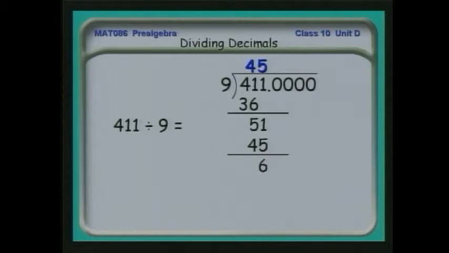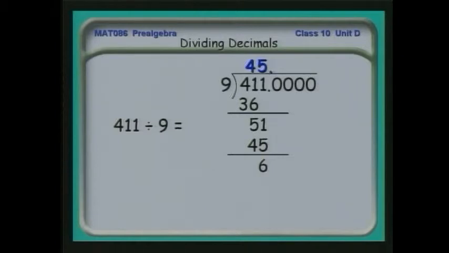Here's another division that I've started for you. What happens if we divide 411 by 9? I start the division and I find it equals 45, but then I'm not done yet. It looks like it's going to keep going. Typically, I could say the remainder is 6, or it's 45 and 6/9 that I could reduce to lowest terms in terms of a fraction. But now for a decimal, I'm going to put 0.00000, and I'm going to keep going with the division.